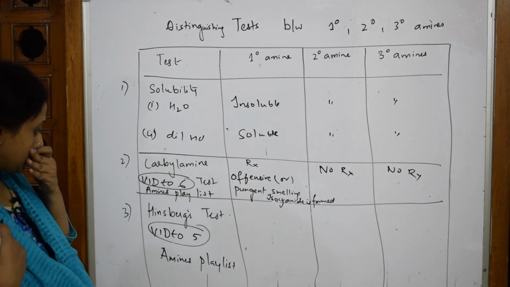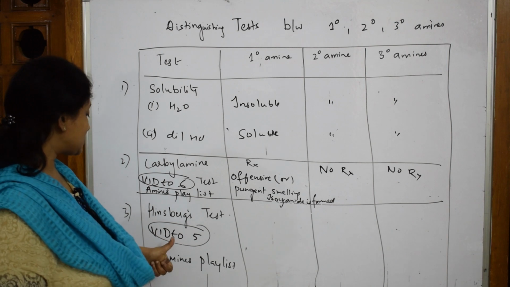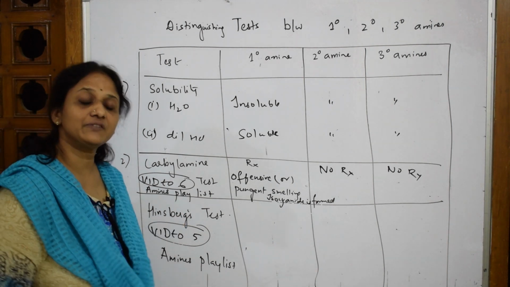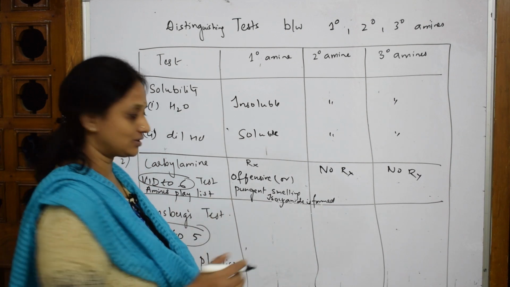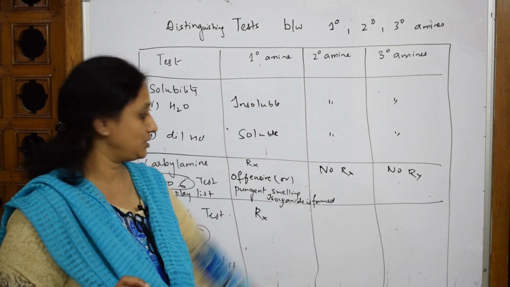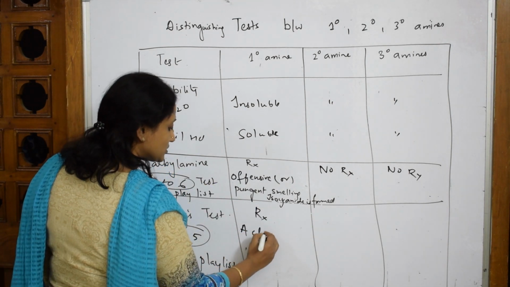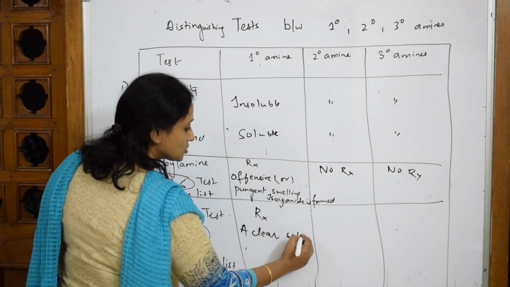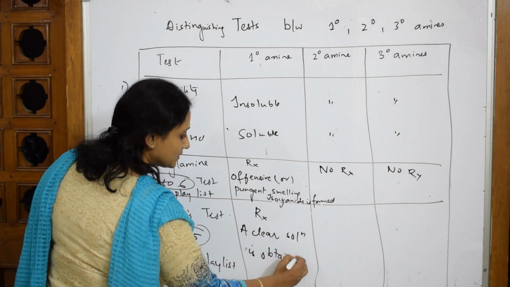So when I have to come back to the Hinsberg reagent test, I've already done this in video number 5 in the amines playlist, I said. So here, after writing the complete reaction, you're going to write a clear solution is obtained. Here an insoluble compound is formed. So write down the observation as a clear solution is obtained after writing the reaction.